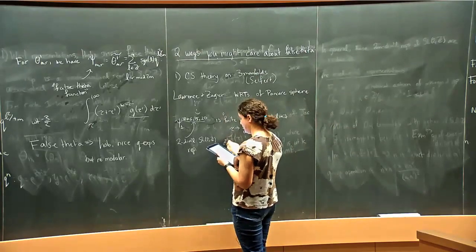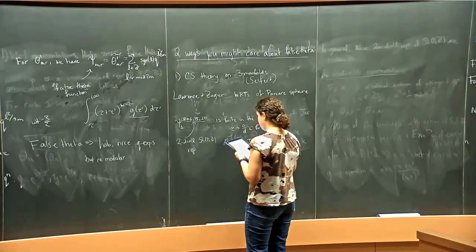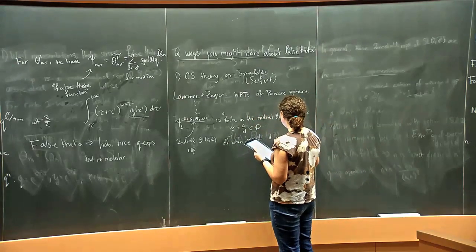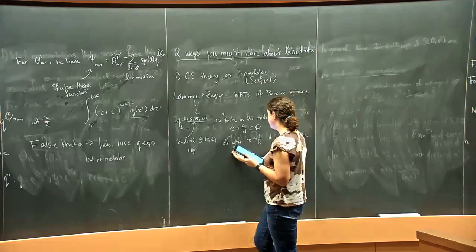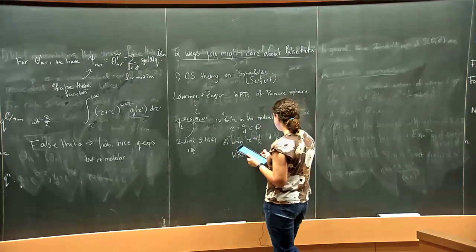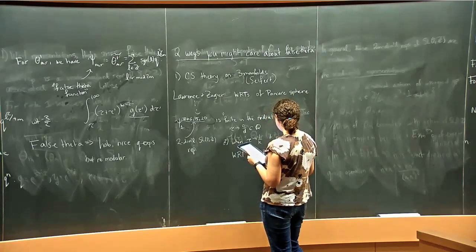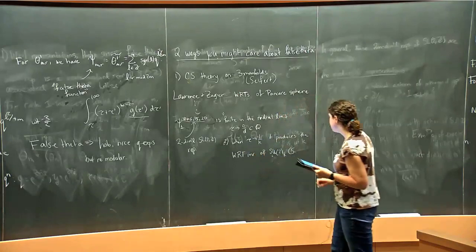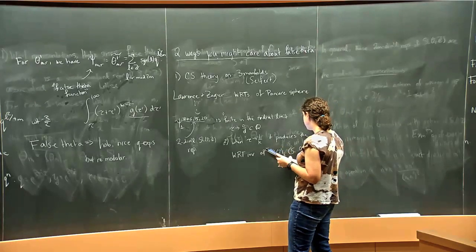And secondly, when tau goes to 1 over k, it produces the WRT invariant of SU2 level K Chern-Simons theory on the Poincare sphere, which I'll call sigma 235.